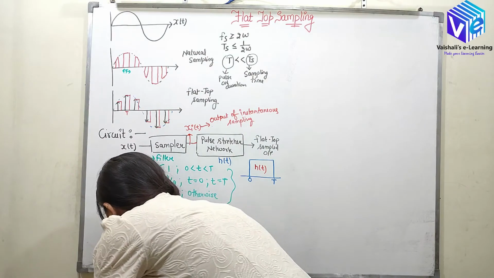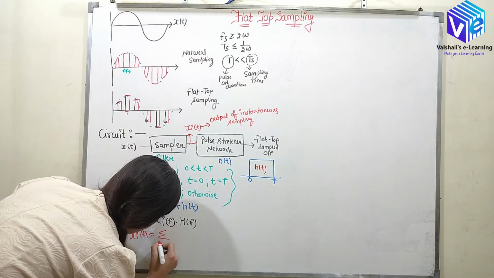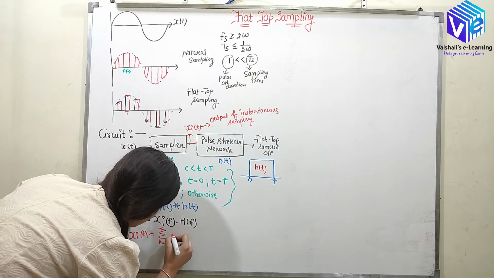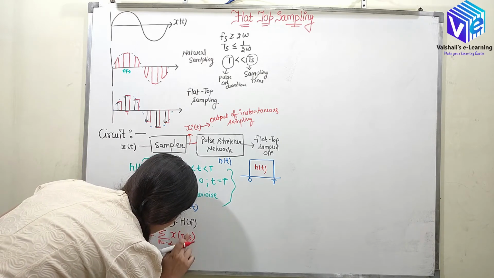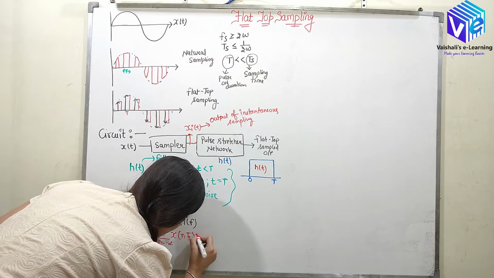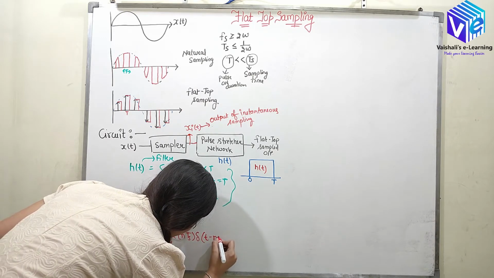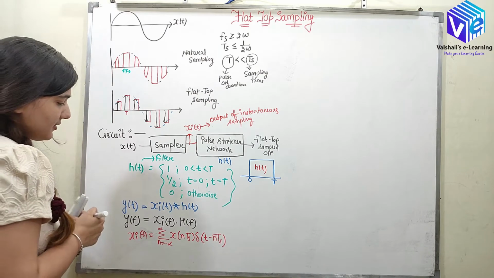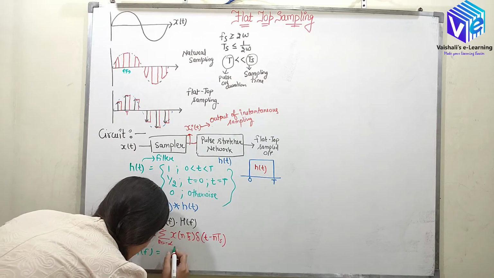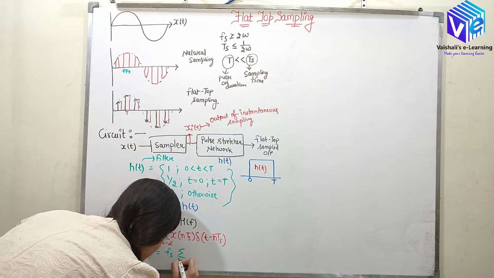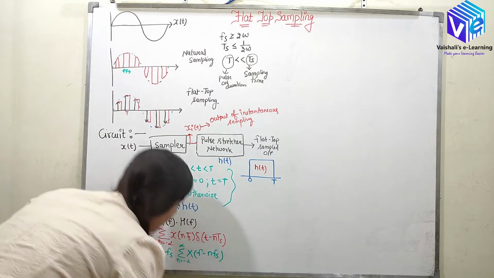So now here xi of t would be equal to, I hope you remember it, summation n is equal to minus infinity to infinity x of nTs multiplied by del of t minus nTs. And xi of f I also know, it is fs summation n is equal to minus infinity to infinity x of f minus nfs.